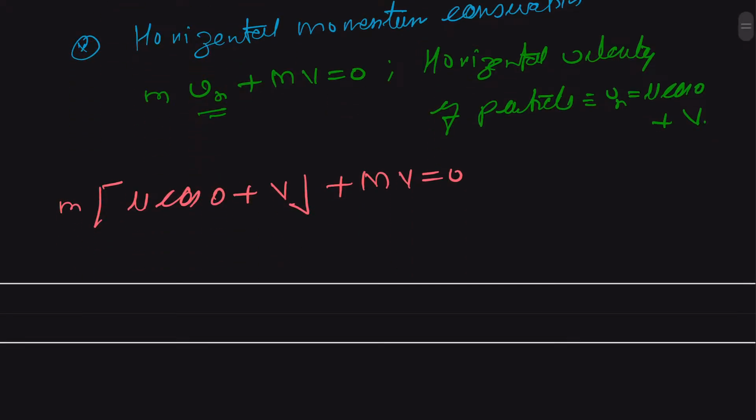And from here we can easily calculate that V will be equal to minus m u cos theta divided by (M plus m).